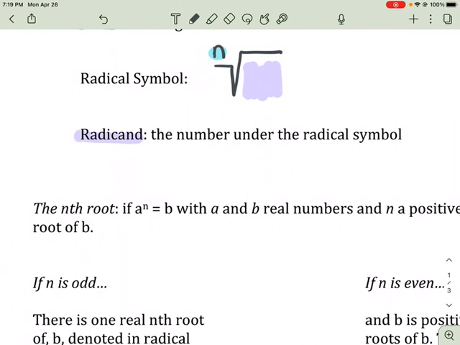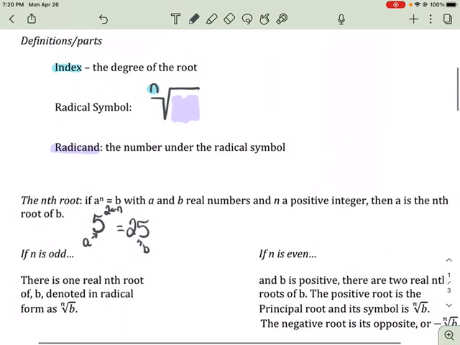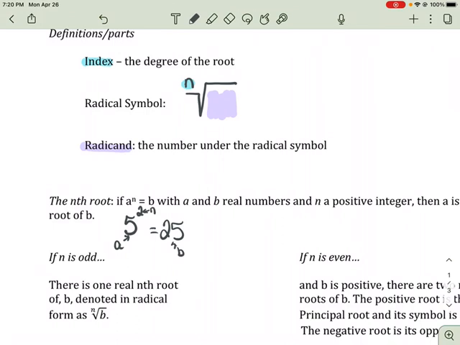Well, let's say a is 5 and n is 2. That means our answer is 25. Let's call that b. Then it says a is the nth root of b. So that means that 5 is the square root of 25. That makes more sense.